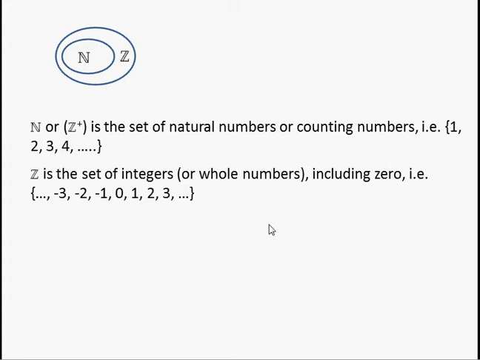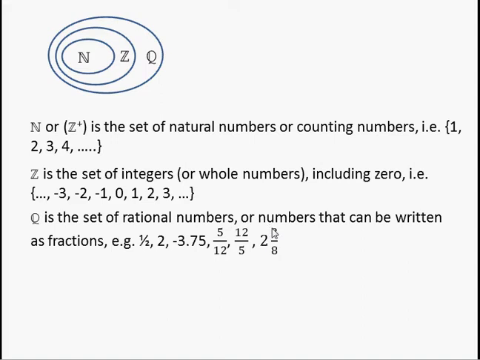The next set we'll look at is the rational numbers, which is the letter Q. And rational numbers, rational ratio, are numbers that can be written as a ratio, as a fraction. So this includes all the whole numbers, like 2, but also any fractions, whether they be negative or positive, whether they be improper fractions, whether they be written as decimals.